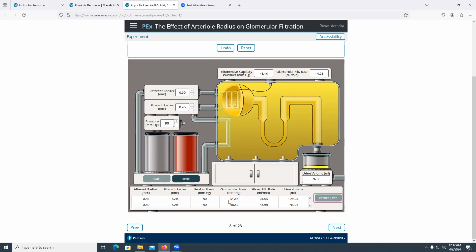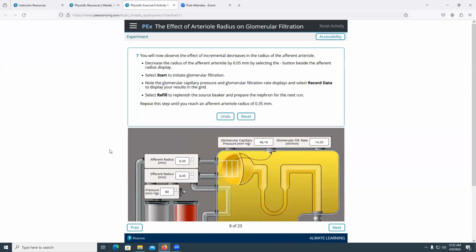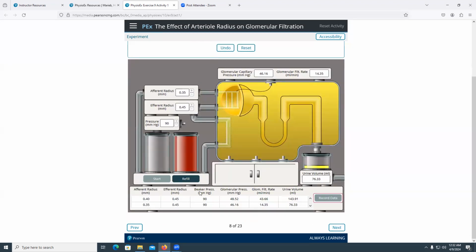Record data. 0.35 gave me a glomerular pressure of 46, urine of 76, and a filtration rate of 14. So now we have observed up to 0.35. Let's calibrate everything.